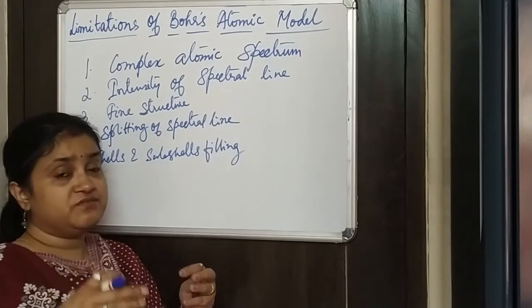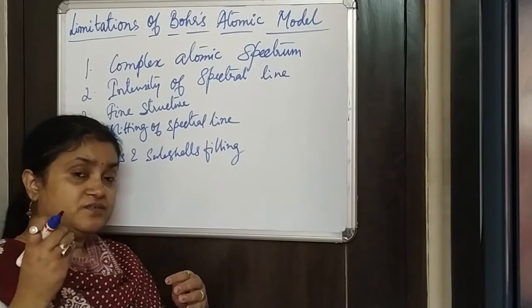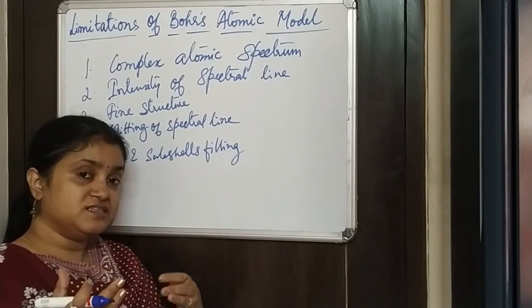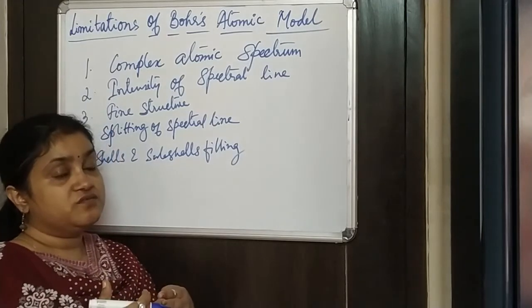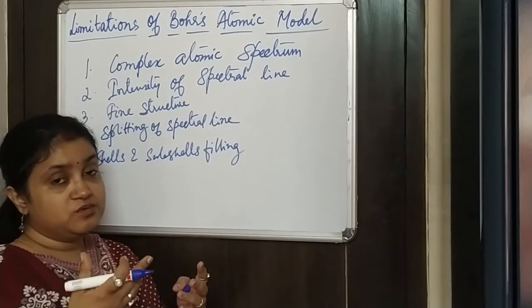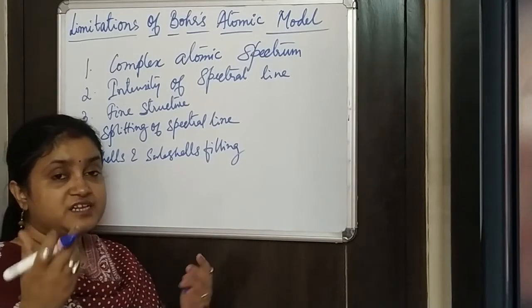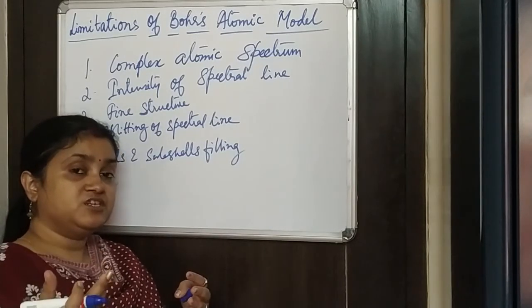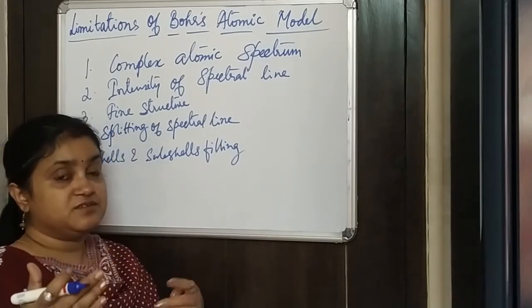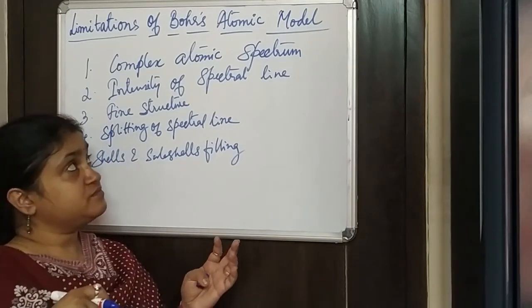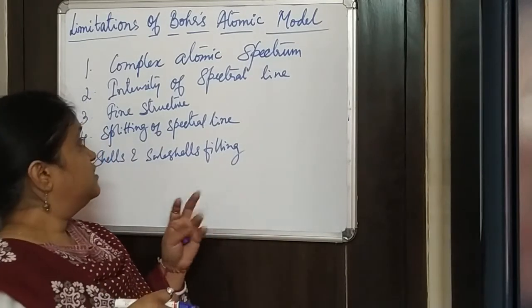So why was there such intensity variation for the same kind of transition of electrons, where Bohr said that a similar amount of energy would be released? There has to be some explanation for why the intensity varied, which could not be explained by Bohr's atomic model.